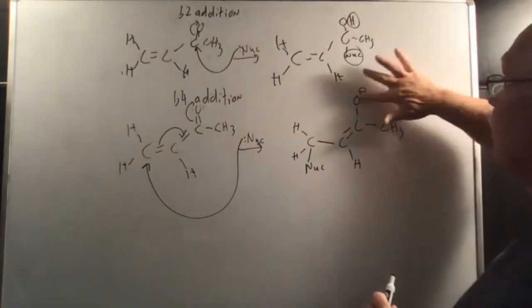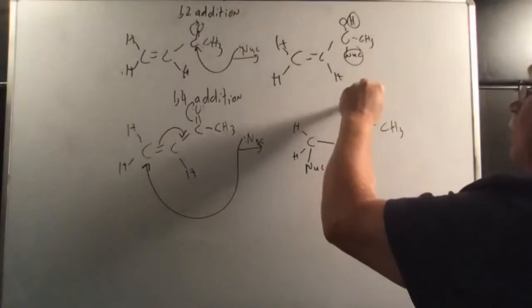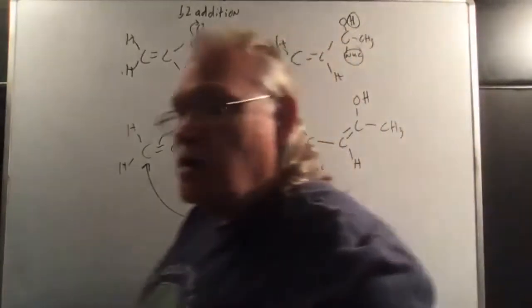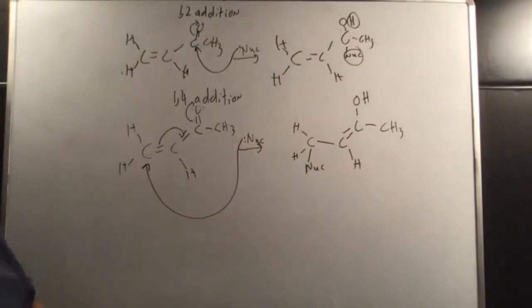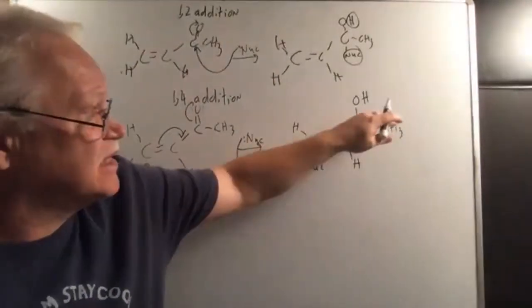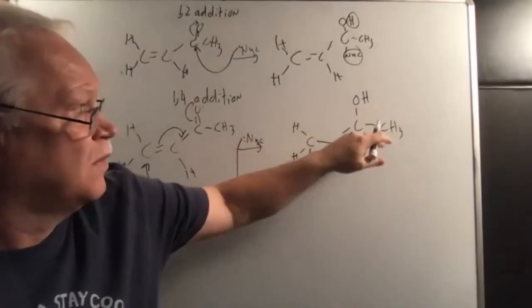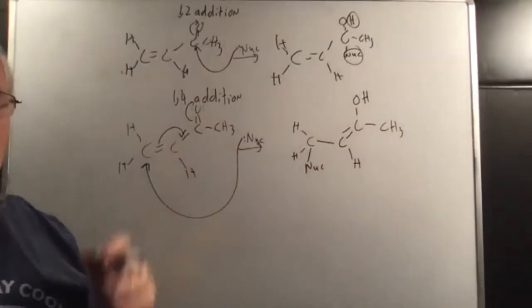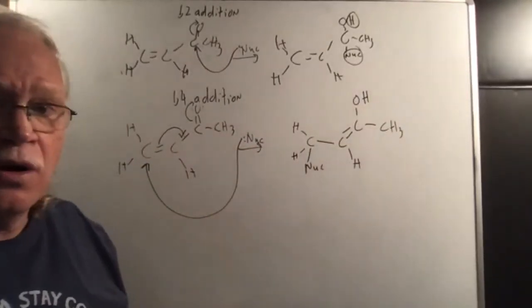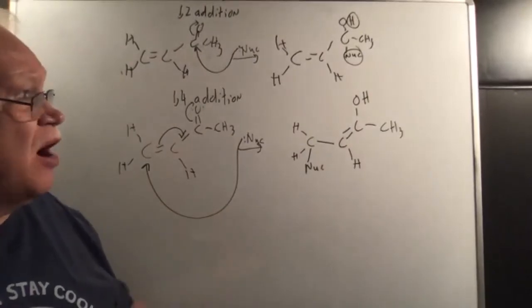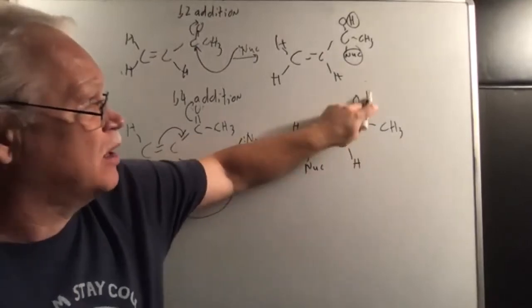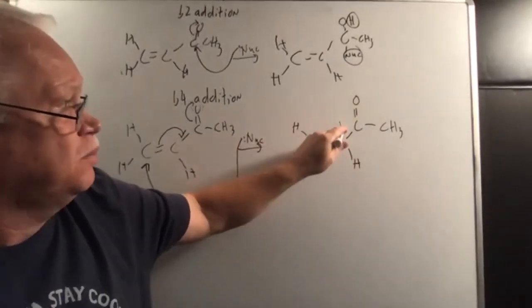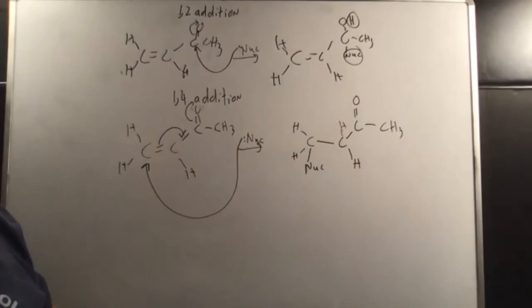Again, now we're going to protonate. So once we protonate this, notice we have this. And again, notice this is an enol. Okay, and we've seen these enols before. And when we have these enols, they tautomerize, which means this double bond comes here, and this H goes here.